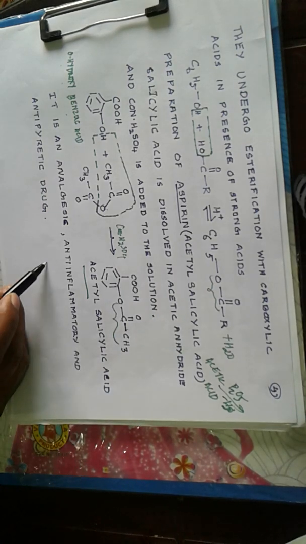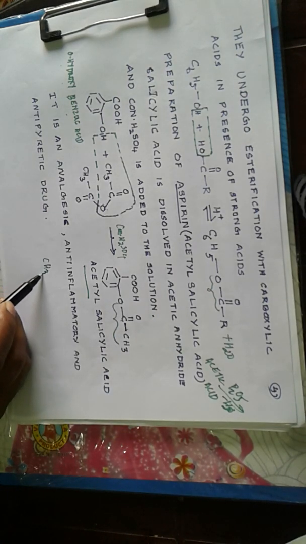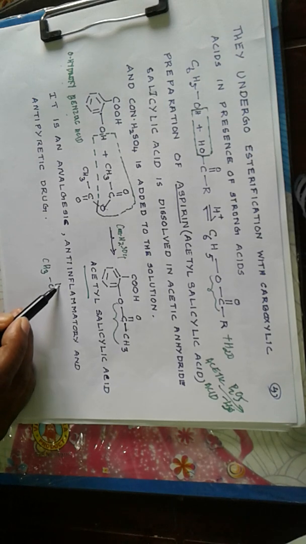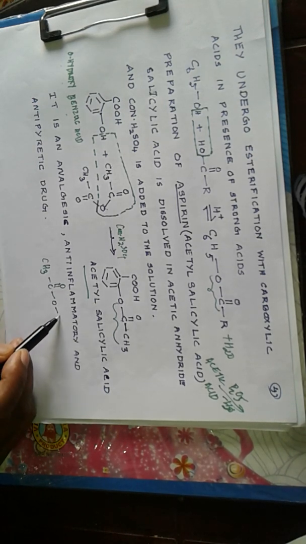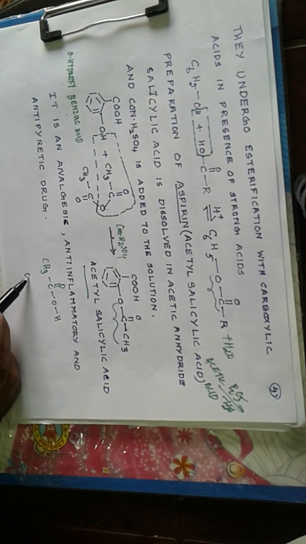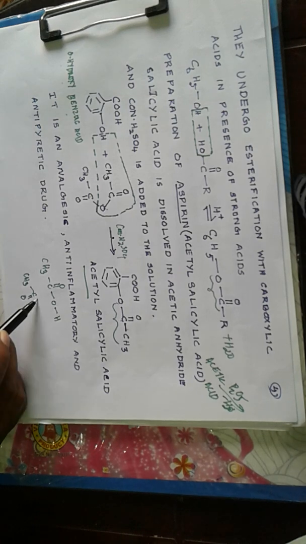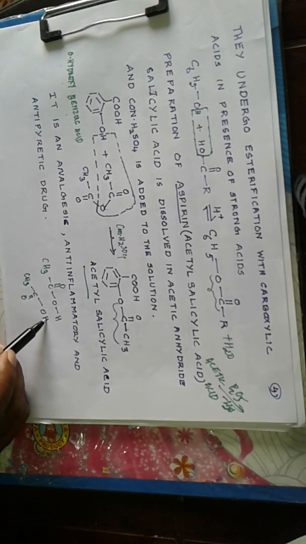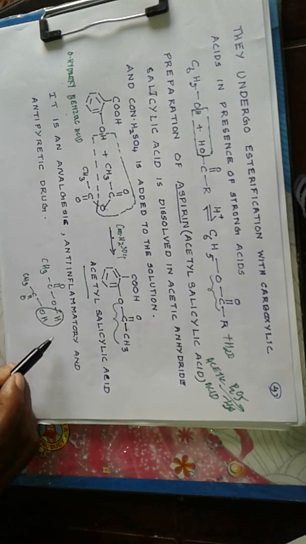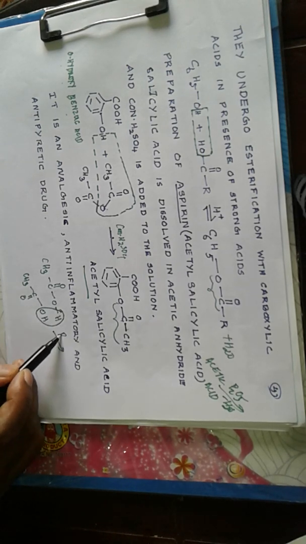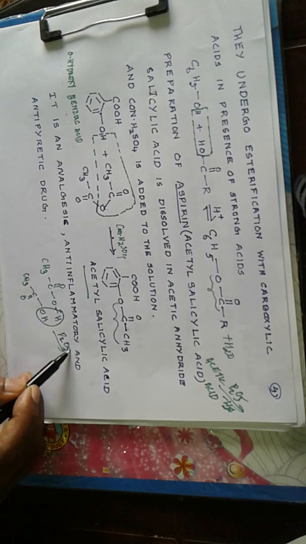So two molecules of acetic acid, CH3COOH, CH3COOH, remove HOH in presence of P2O5.